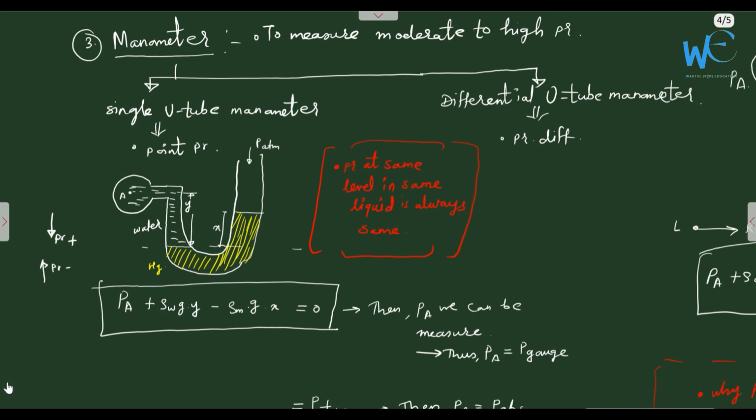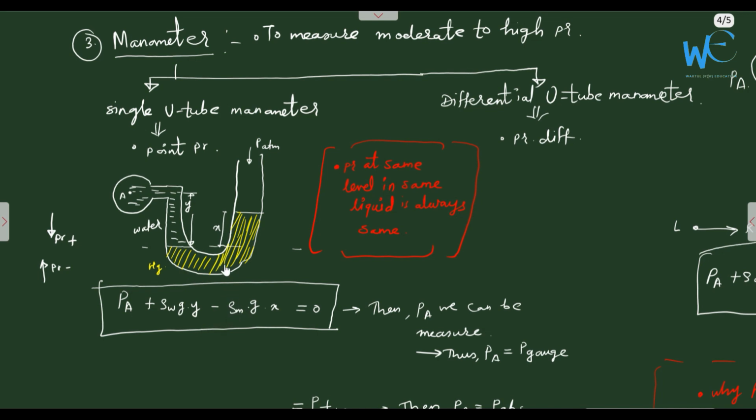And what is our formula? P is equal to rho g h. Here h is y, and rho is the density of water, so rho w into g into y. Then we have to reach above, so I'm going from downwards to upwards, and I'm using a negative sign.